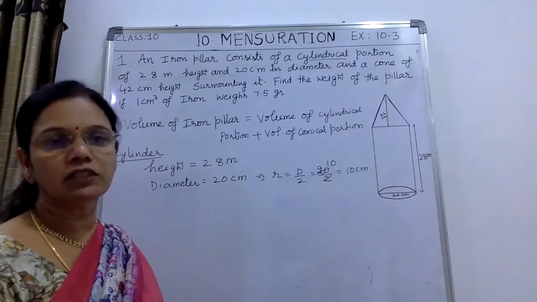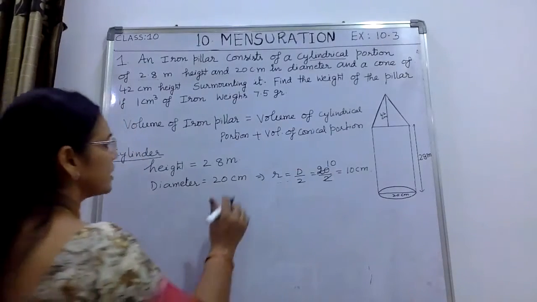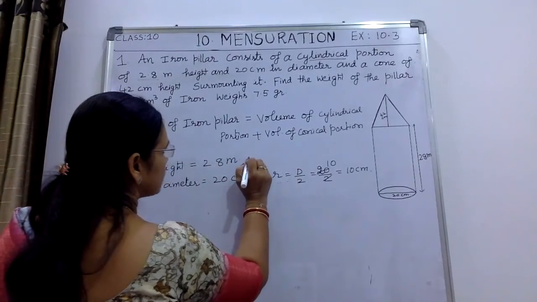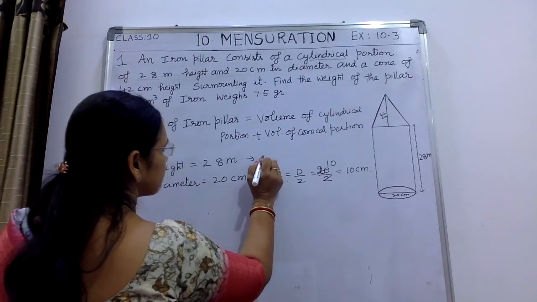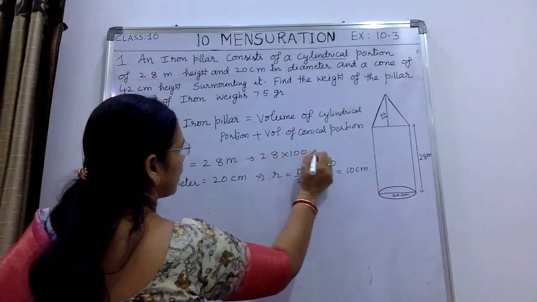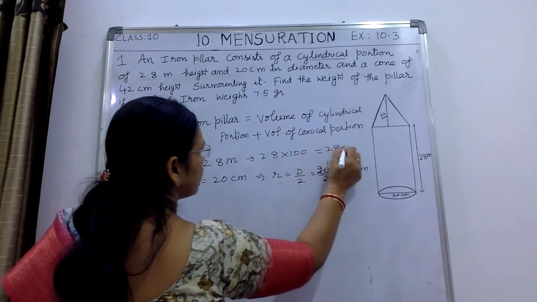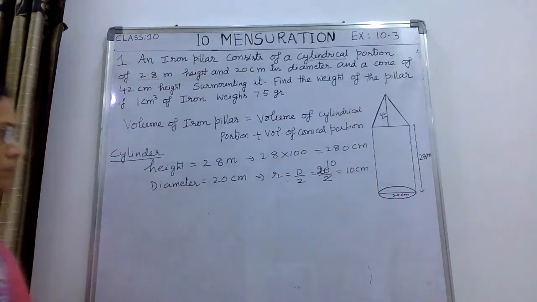So let us convert them into the same units. 2.8 meters can be converted into centimeters. We know 100 centimeters is 1 meter. So 2.8 into 100, we will get 280 centimeters. Now both are in the same units.